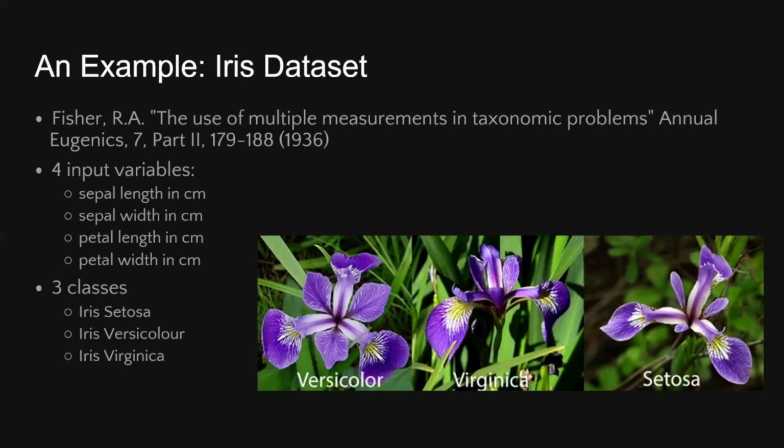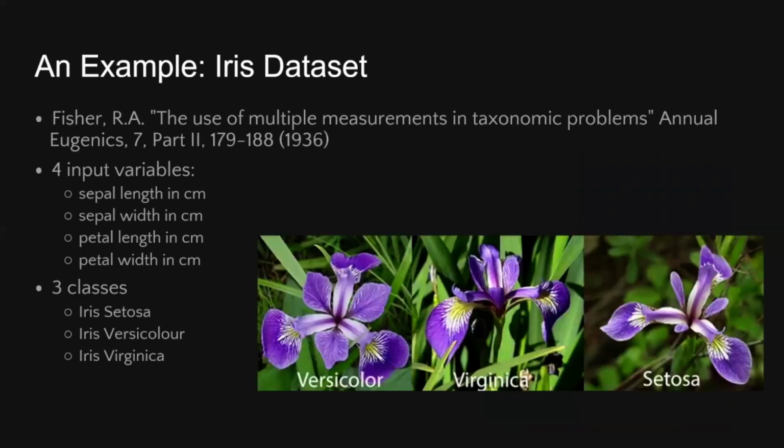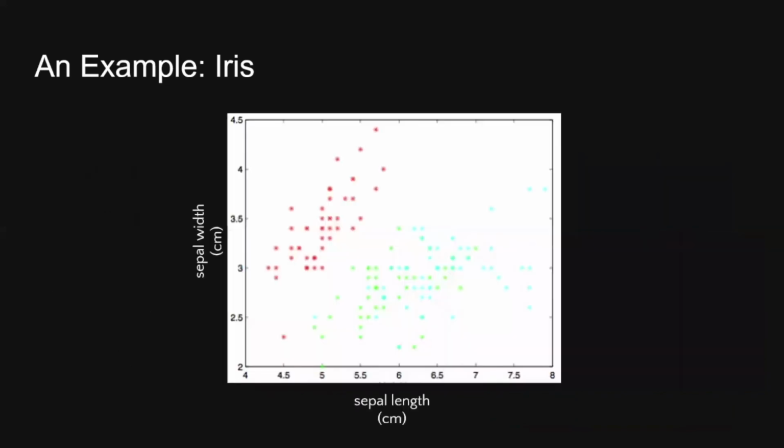And if you look at them, they look quite similar, in fact, visually. And in the 1936 paper of Fisher, he introduced 4 variables as a feature descriptor. The first 2 are the petal length and the petal width. And then the next 2 are the sepal length and the sepal width, okay? So by measuring the width and length of petals and sepals, Fisher found that there's a way to taxonomically classify the 3 different species of iris.